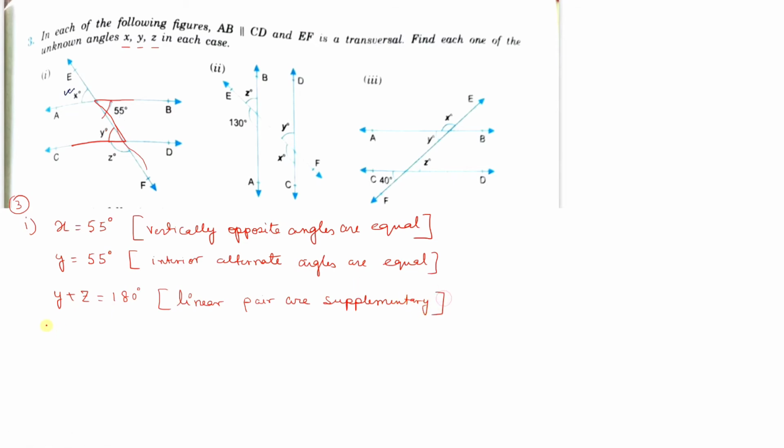So the value of z will be, write down here, y equals 55, so 55 plus z equals 180 degree. So the value of z will be 180 minus 55. Answer will be 135 degree. So the value of z is 135 degree.